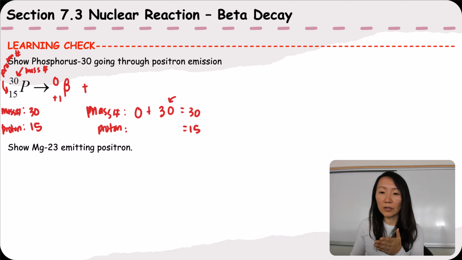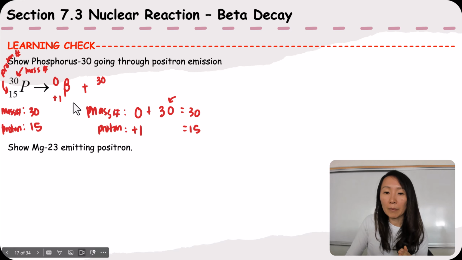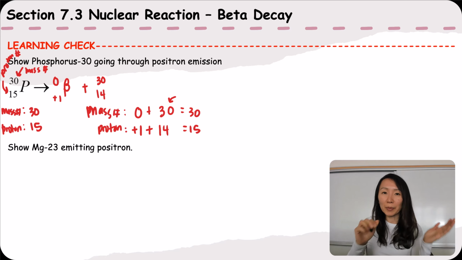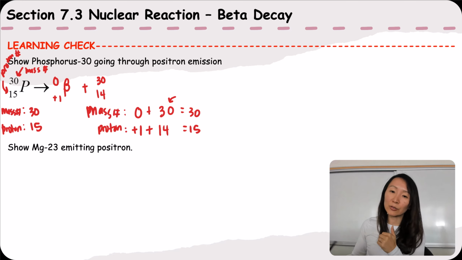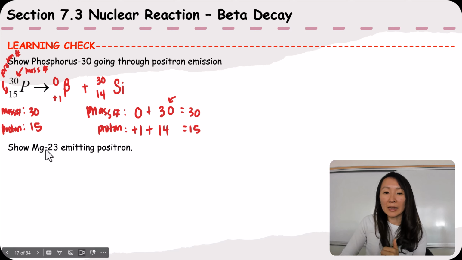This is the 30 that I should see in the other element that the phosphorus turned into. Also, for the proton number, we have a plus 1 from the positron emission, plus what equals 15? It's 14. So go ahead and look in your periodic table for the number 14, and you'll notice that it is silicon, Si.